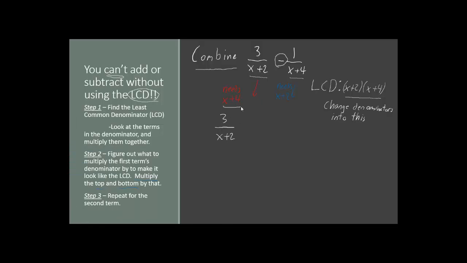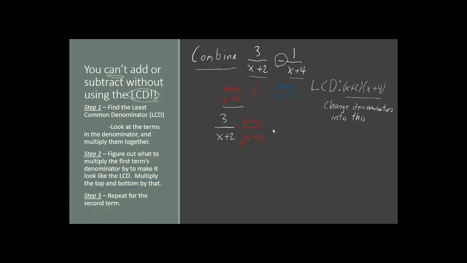And we said that it needed to have x plus 4 also. So we are going to multiply both the top and the bottom by that x plus 4. Make sure that you have parentheses on there as well, or else you could run into some trouble later.